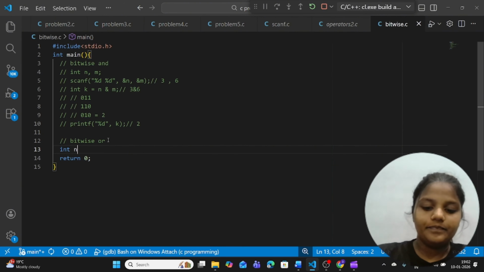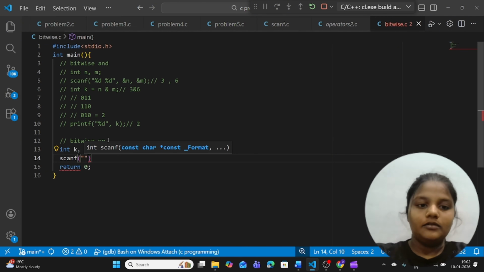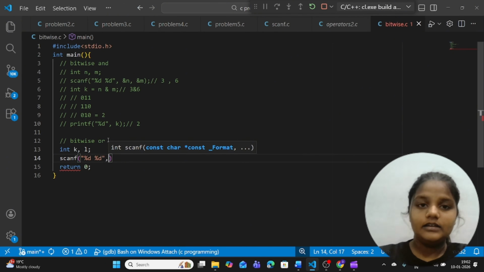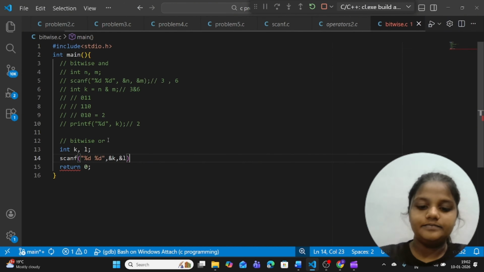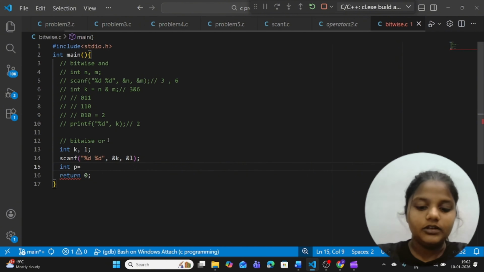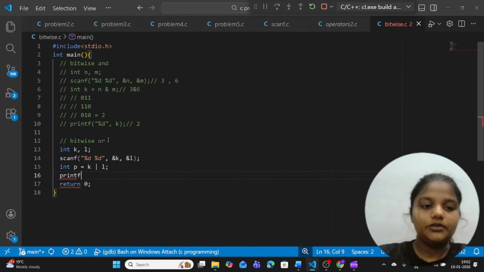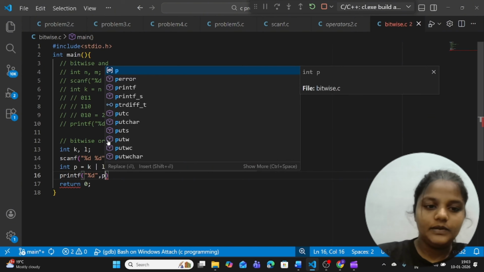If we take int k comma l, and we are going to get it through scanf, what is the format specifier? %d and another %d comma address of k comma address of l, right? So in one integer we are storing k OR l. Then we are just going to print it, %d comma t, right?